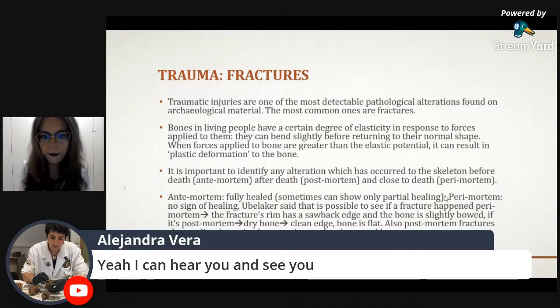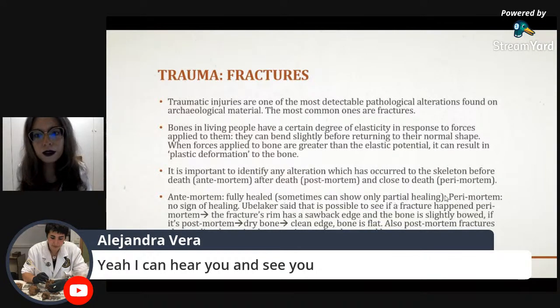If a fracture happened perimortem, the rim of the piece of bone shows a sort of toothed edge, a sawback edge, and the bone is slightly bowed, because as I mentioned before, in the living there is the elasticity of the bone. If a fracture happened on dry bone, there is a clean edge and the bone stays flat.